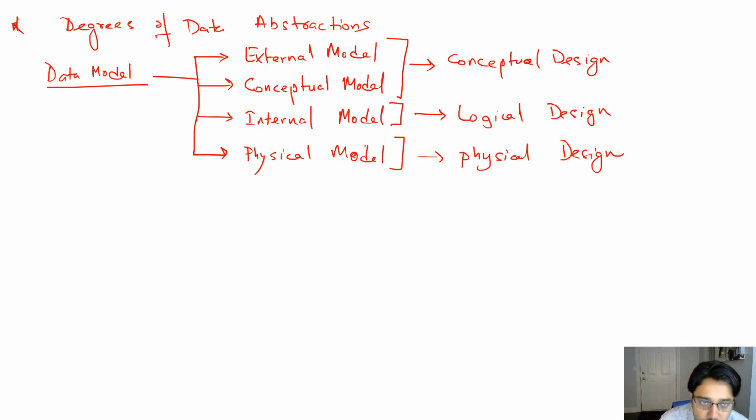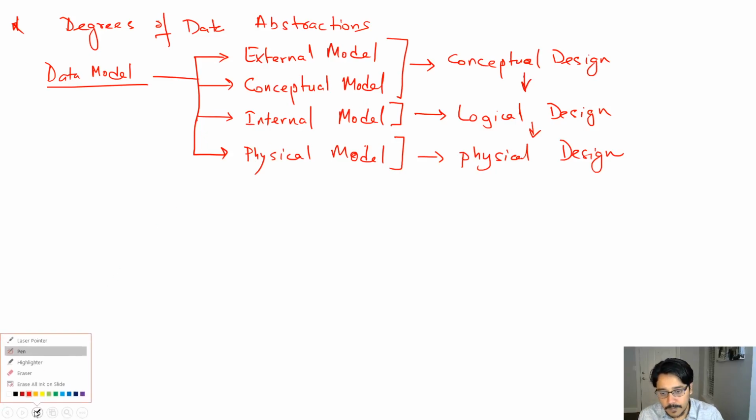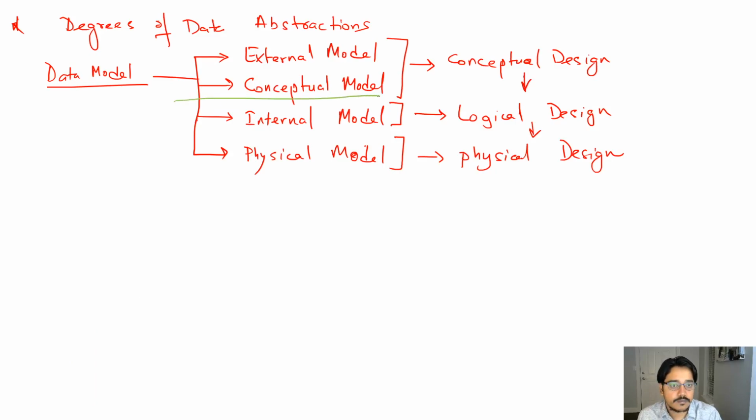Okay, so this is basically the breakdown of a data model into its different subcomponents, and then how does that relate to the process of database design technique. So you remember in our earlier discussions we said first thing we're going to address conceptual design, then we're going to address logical design, and then finally physical design. So up until this point, everything above this is software and hardware independent.